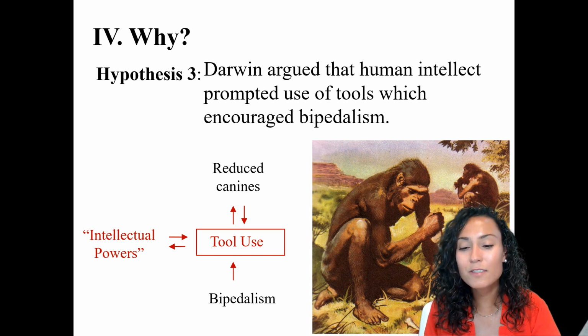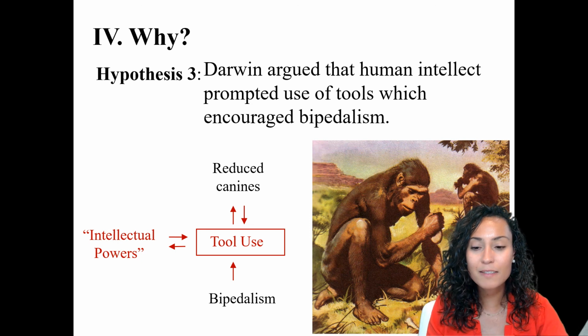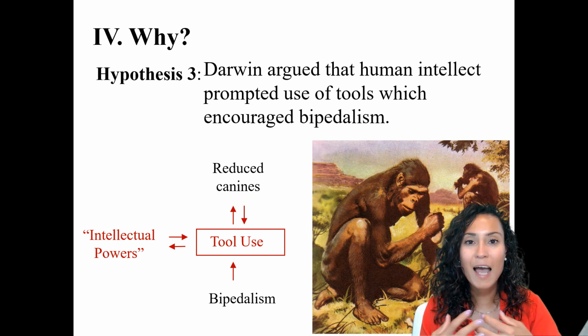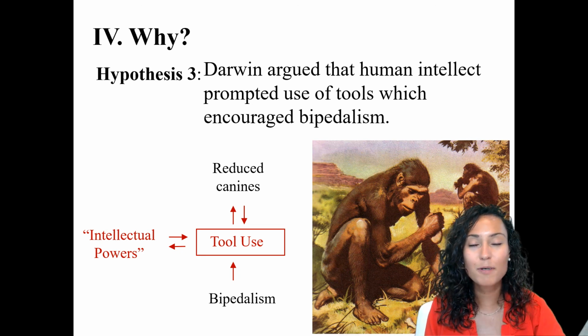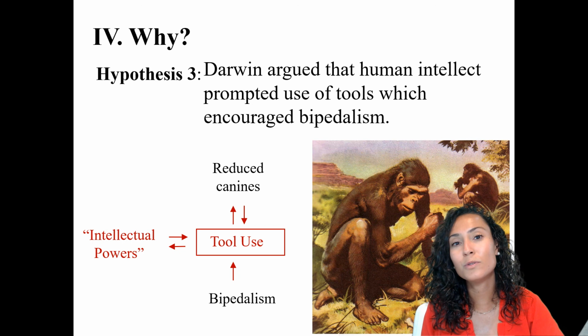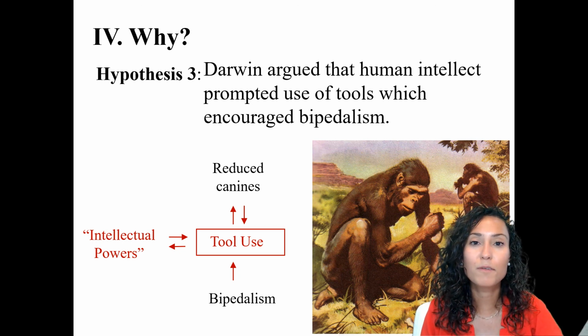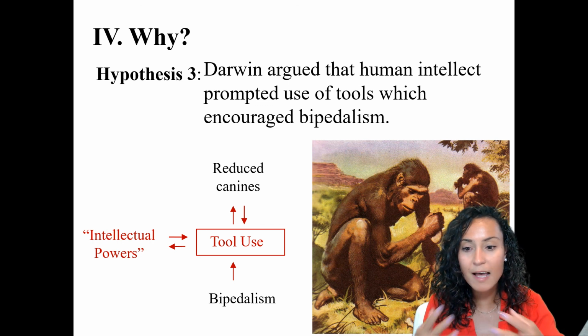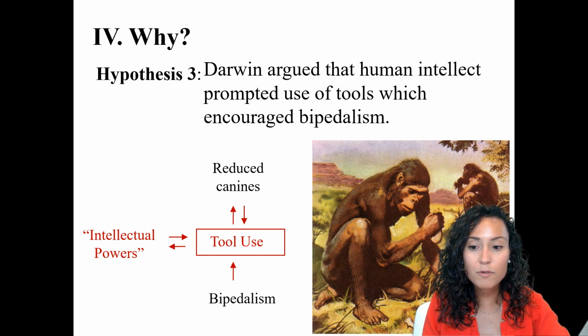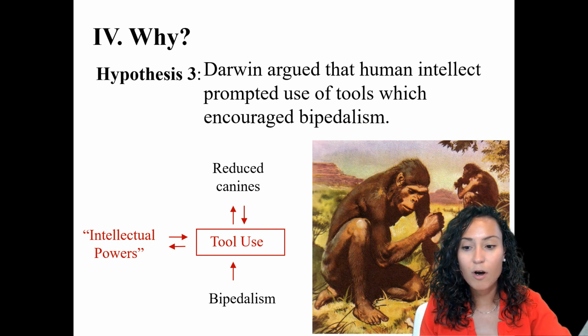So according to Darwin, we have bipedalism because our hominin ancestors started to experiment with tools, and that experimentation with tools was linked to the development of larger brains. So bipedalism allowed hominins to carry food or other portable items over long distances. It freed up our forelimbs for tool use.